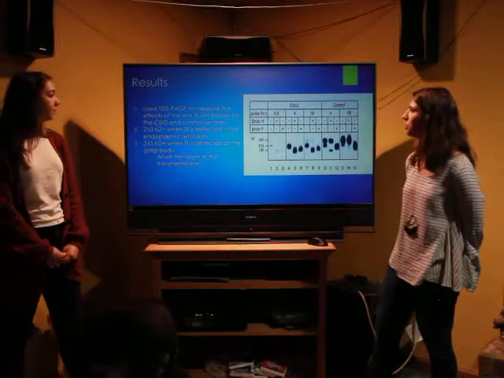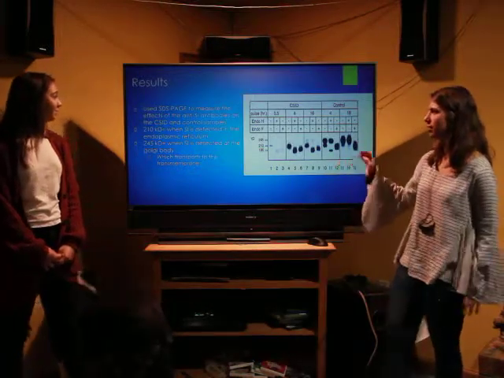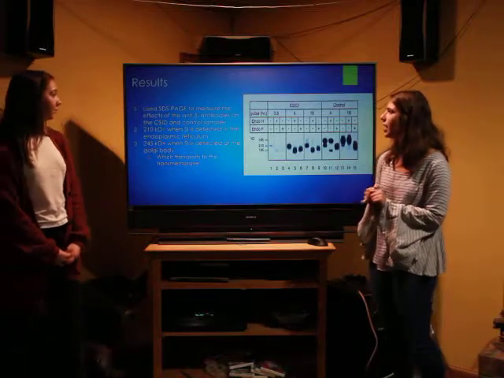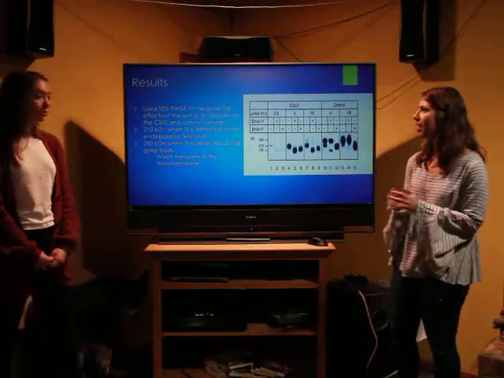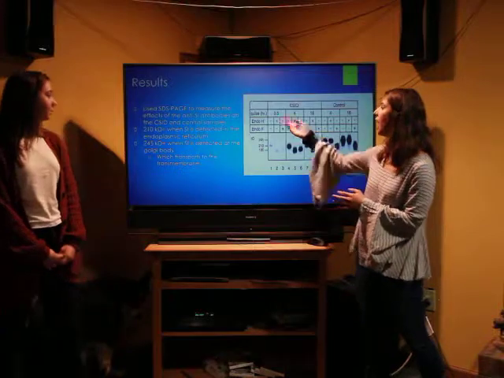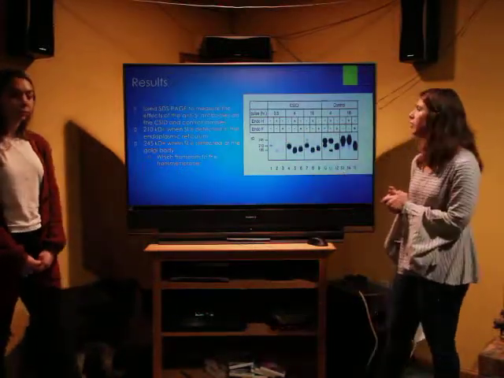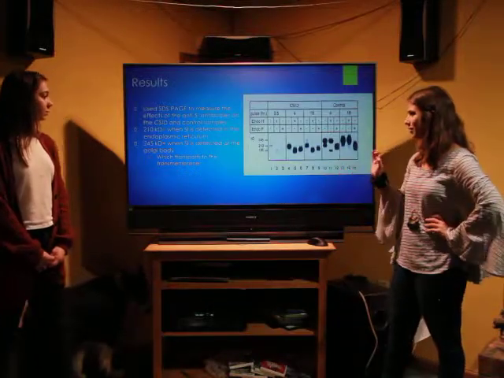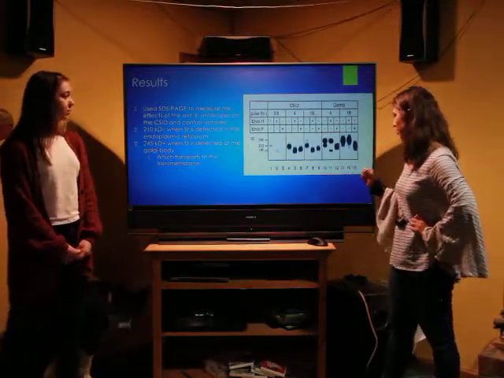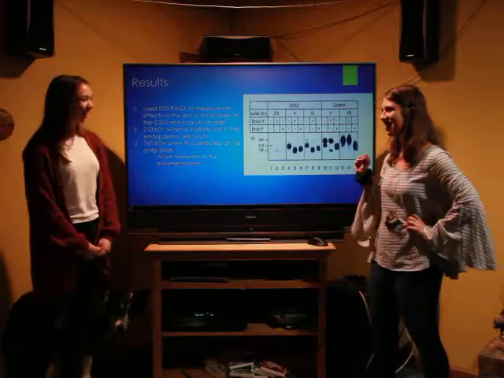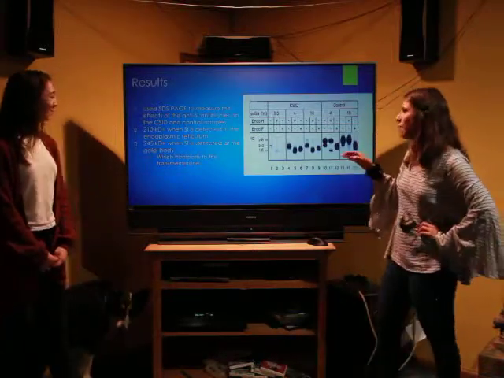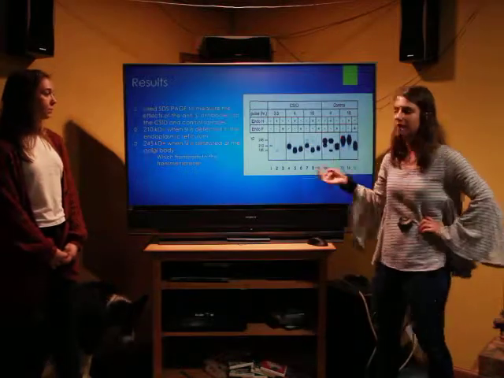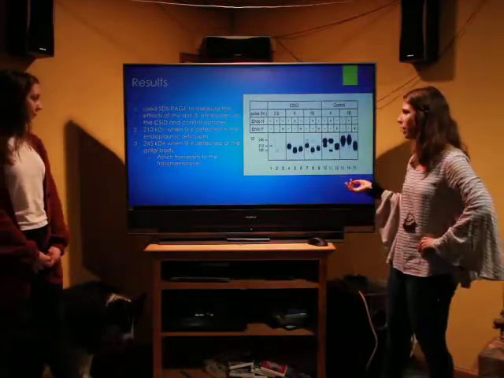Okay, so for the results, they used the SDS page to measure the effects of the anti-SI antibodies, which is endo-H and endo-F. And so at 210 kilodaltons, you can see that it is detected in the endoplasmic reticulum.